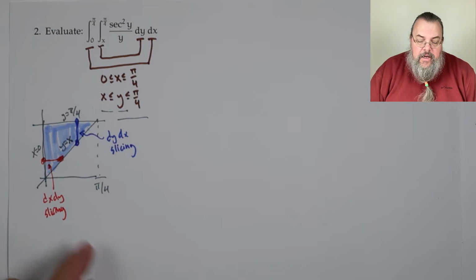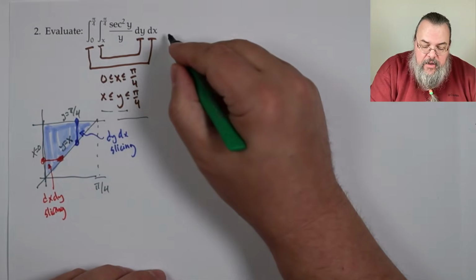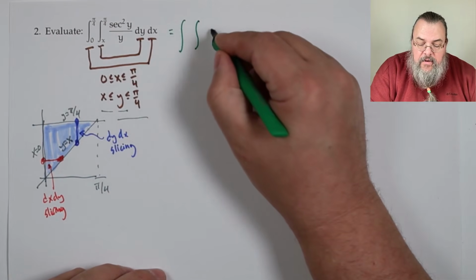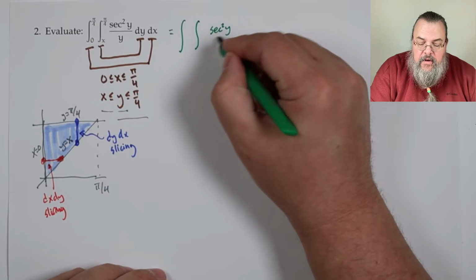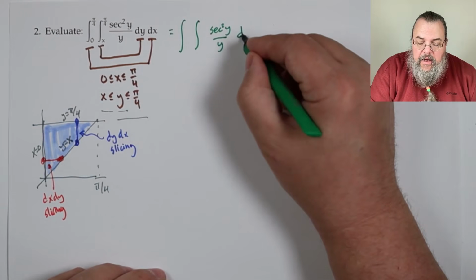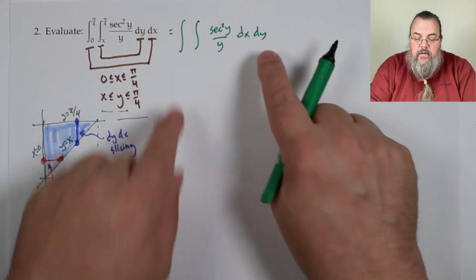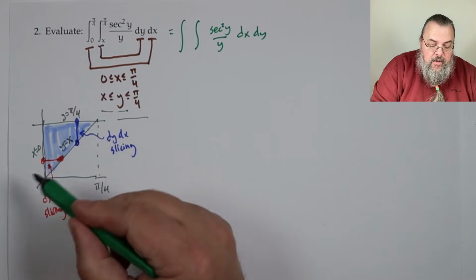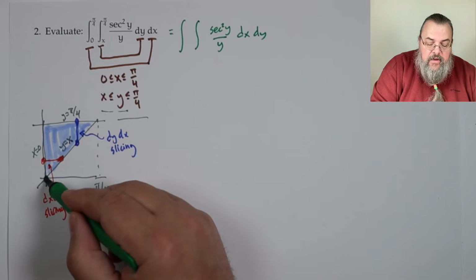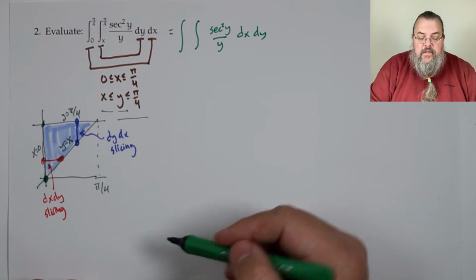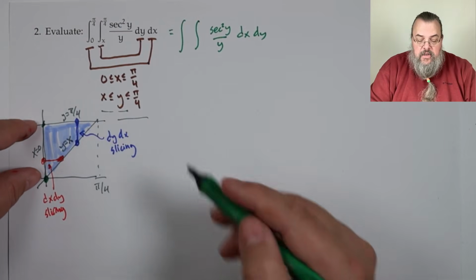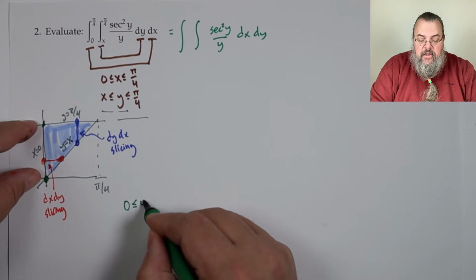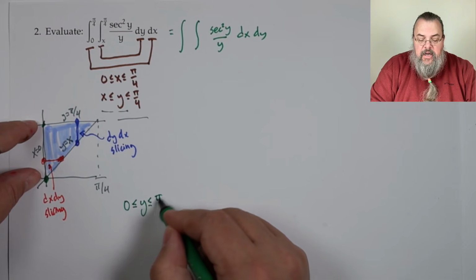Because if y is going to be our outer layer, and it is, I'm going to copy this down here, dx dy. So the y is the outer part. Where does y go between? Well, what's the smallest value of y to the largest value of y in our picture? We see the smallest value is 0, and the largest is pi over 4.